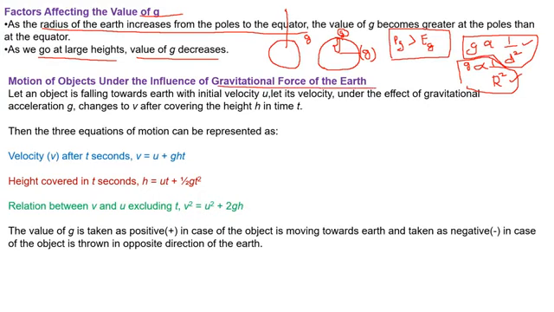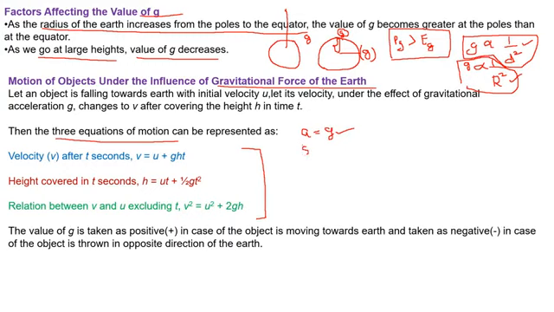Yes, we have discussed these three equations before. There will be a little change in the three equations of motion. Why? Because a will be replaced by g, acceleration will be replaced by acceleration due to gravity. Let's see the three equations. v = u + gt.